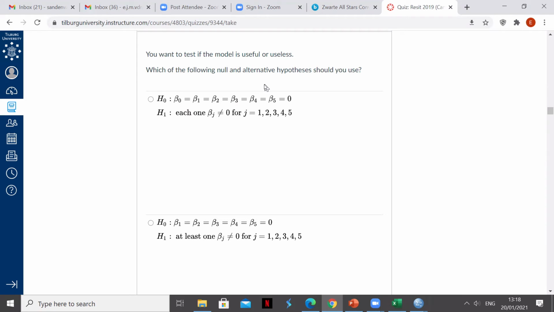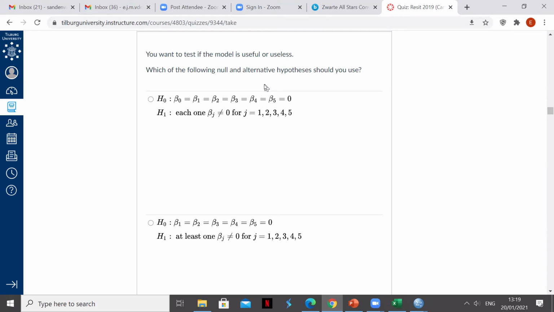I know this might be a bit difficult to understand, because why? I mean, beta 0 matters, right? Yeah, it does matter, but it doesn't change anyway. And because it doesn't change, you don't have to test it. So that's why you don't test it. And it also doesn't need to be 0. And if it is, it doesn't really matter.